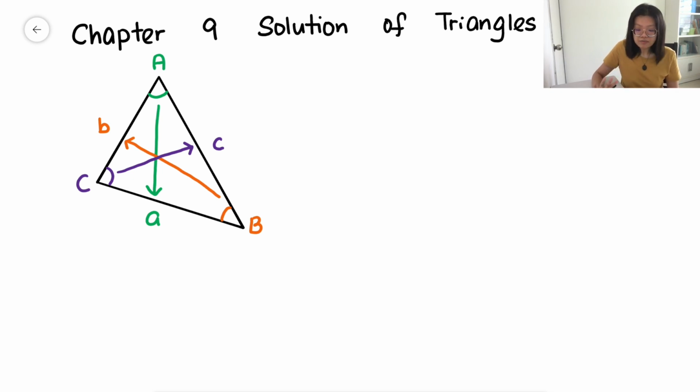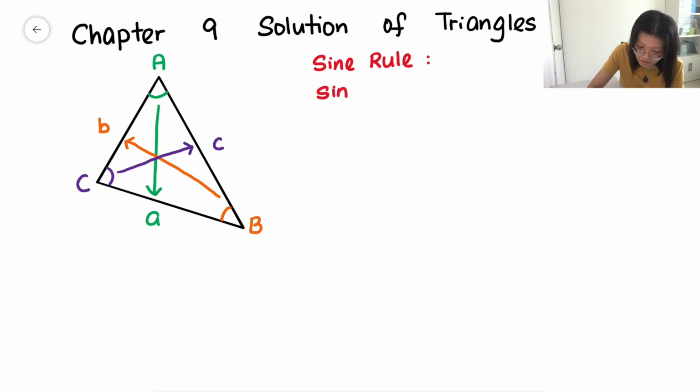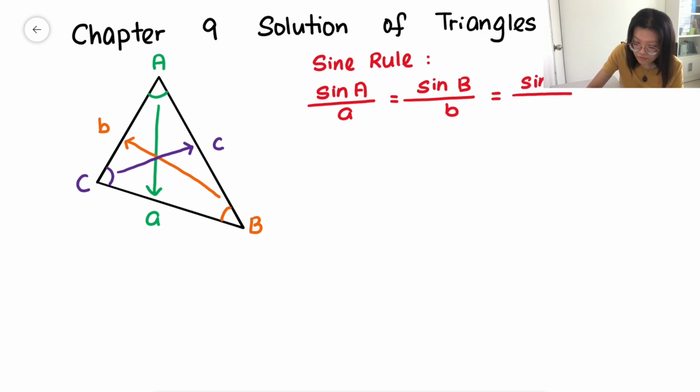After we have all these, then let us start with our first formula. First formula is known as sine rule. In sine rule, we have sine angle A over its length equals to sine angle B over its length equals to sine angle C over its length.